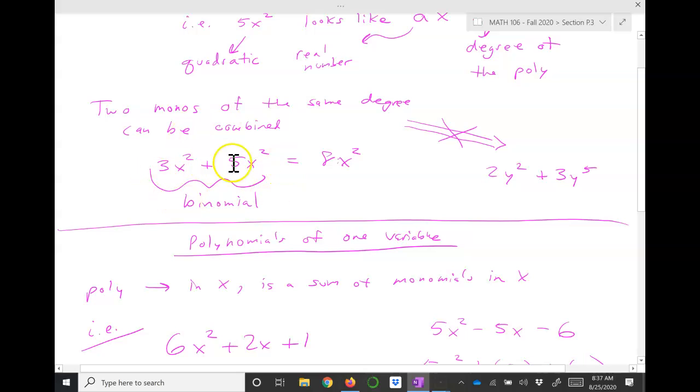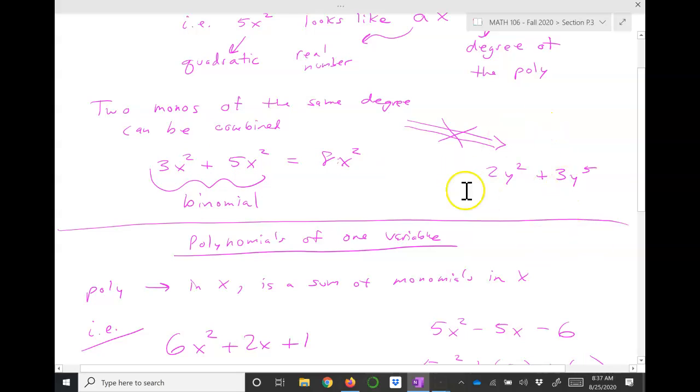You can combine them if the degree of the monomials are the same. These are both quadratics, second degree polynomials, so you could combine those and you just add the coefficients in front of the variables.